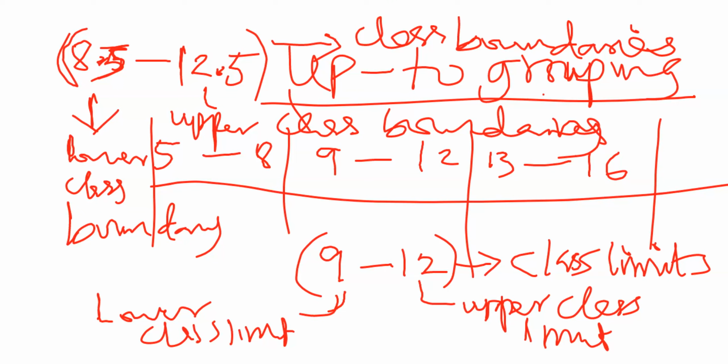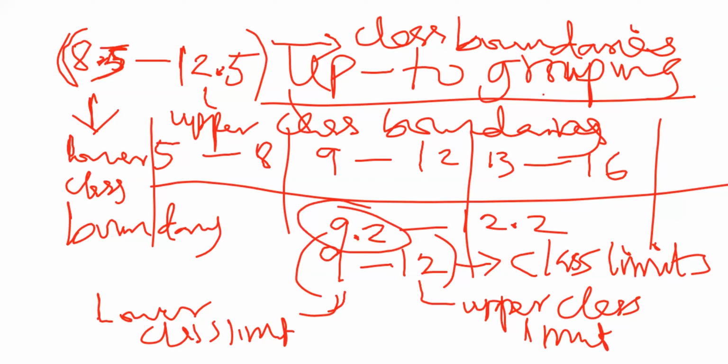I will now add 0.5 to 12 to give me 12.5 to become class boundaries. But like I said, if the group you were given is not whole number, maybe this 9 you are seeing here was originally 9.2 to 12.2.